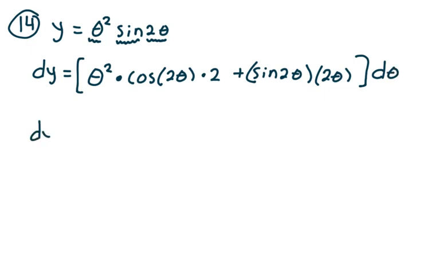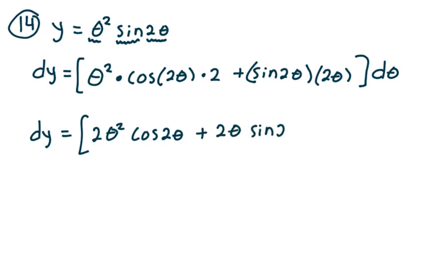And so dy is 2 theta squared cosine 2 theta plus 2 theta sine 2 theta d theta. And that would be dy.